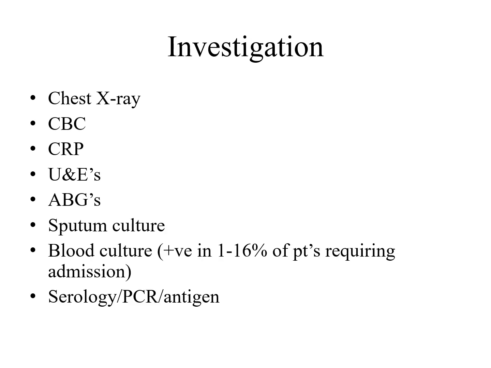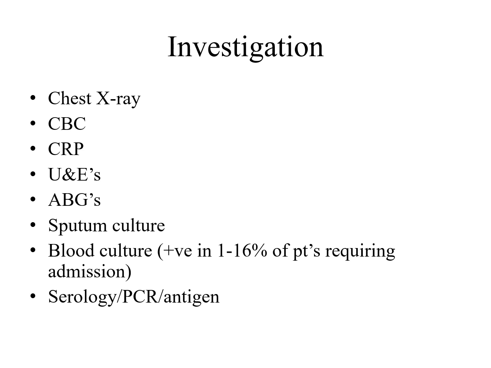Investigation: chest X-ray, CBC. Chest X-ray, we're going to see if the infection is localized to a lobe or segment, or it is bronchopneumonia or interstitial pneumonia. CBC, usually we're going to see an increase in the white blood cells.